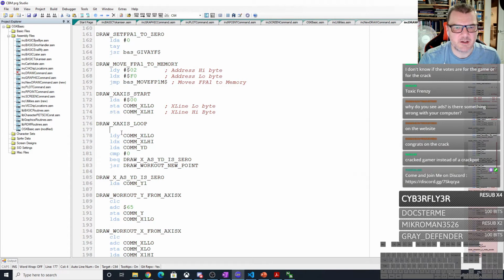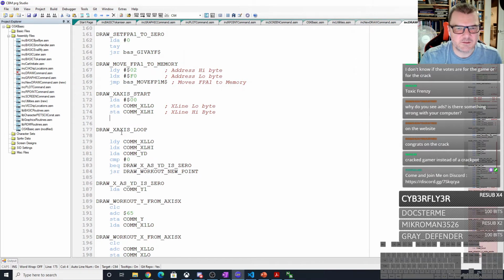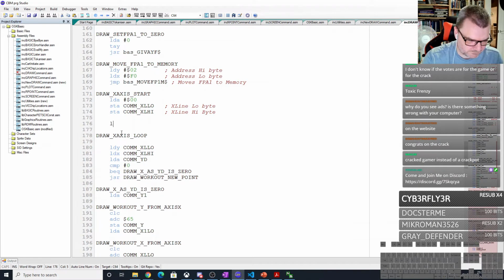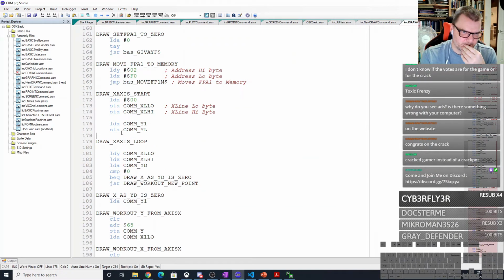So we store, so we load Y1, store it in com YL, so that's our starting point. That's our starting point for 6.